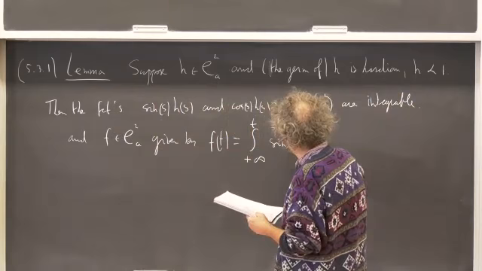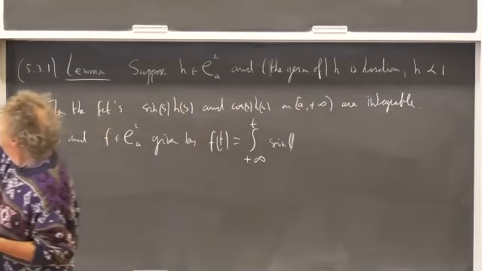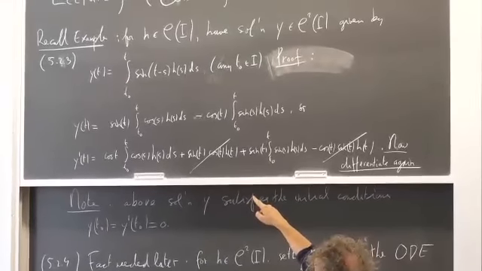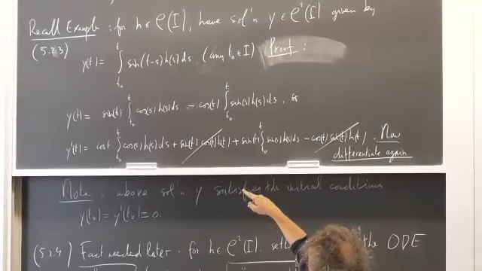So this is just like the original formula for the solution, but instead of integrating from t0 to t, I integrate from plus infinity to t.